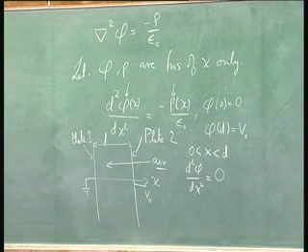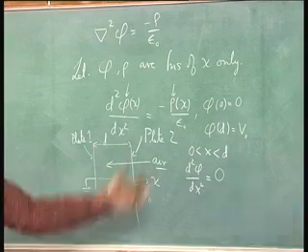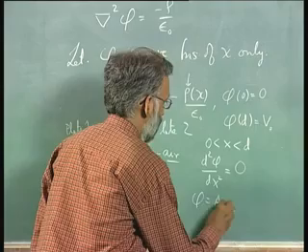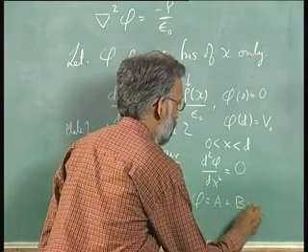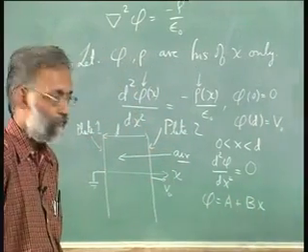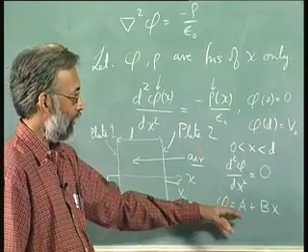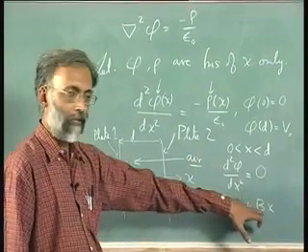Now, we know all about solving this particular differential equation, and we know that the answer is phi is equal to a plus bx. Just integrate this with respect to x, and the integrating constants will give you a plus bx.